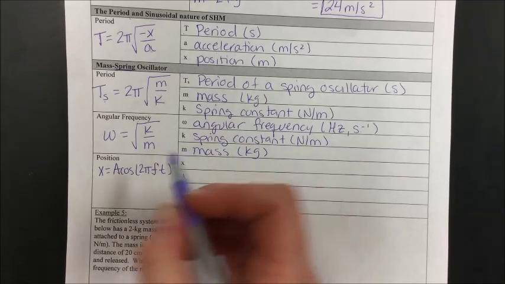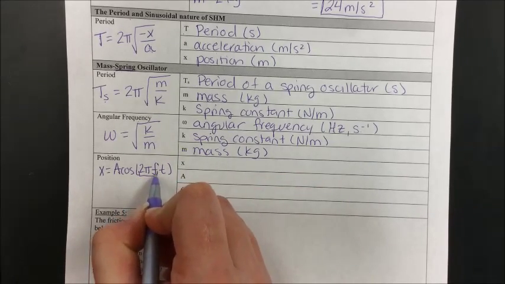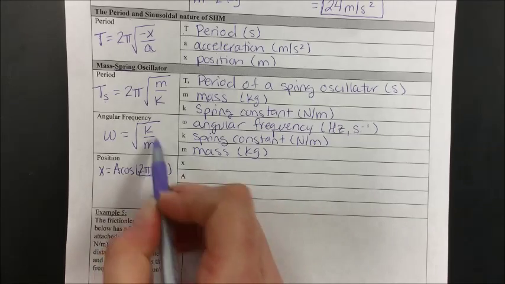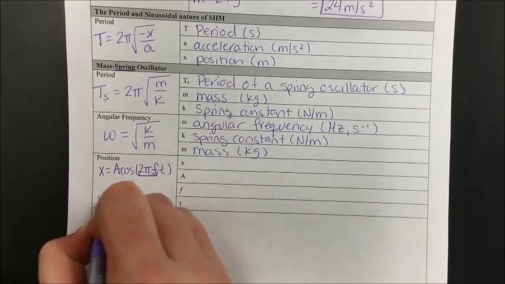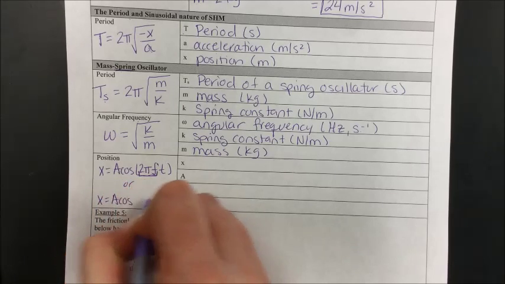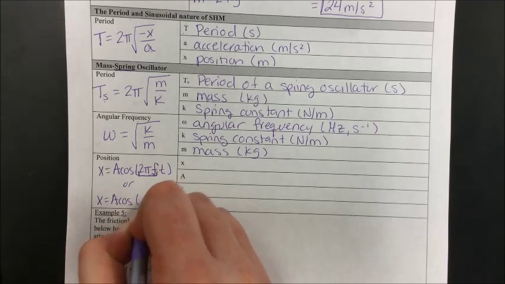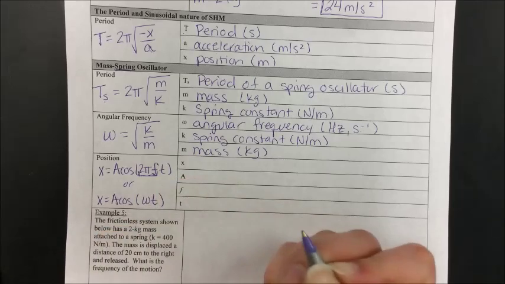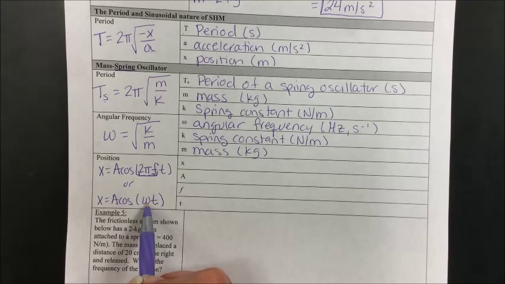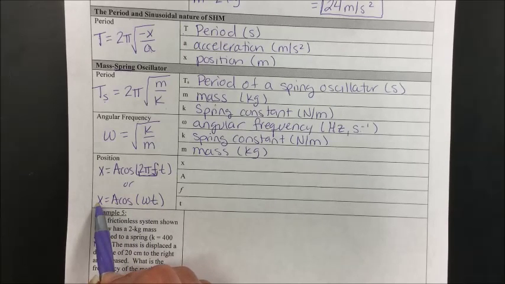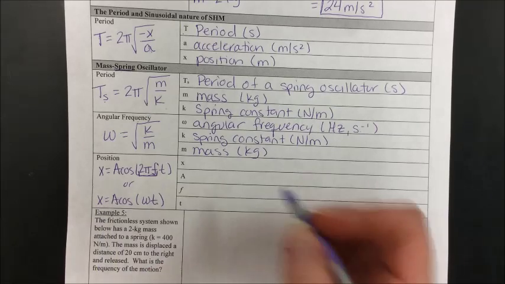And more, I want you to know that this segment here is going to be how we calculate angular frequency as well. So we can write this two different ways. So at any given time, if we know the frequency of our simple harmonic motion and the amplitude, we can figure out where the position of our mass is going to be.